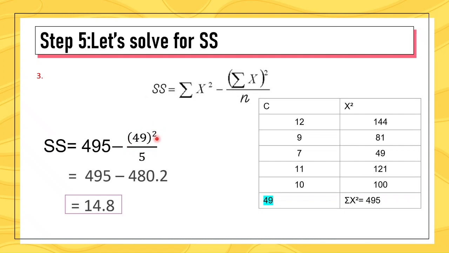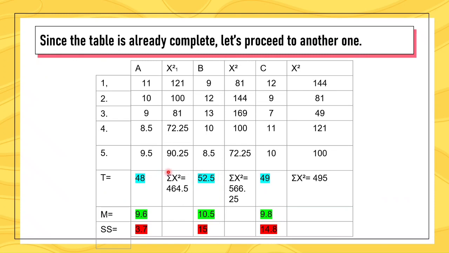Get the 49 squared divided by 5, which is 480.2, and subtract them to get the 14.8. So since we already have the sums of squares, which are 3.7, 15, and 14.8, our table is already complete.